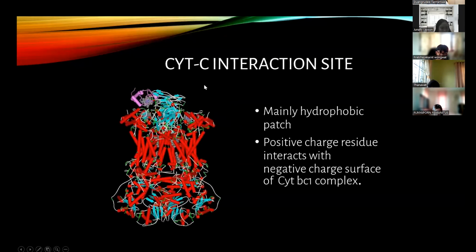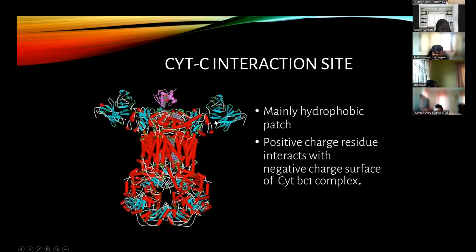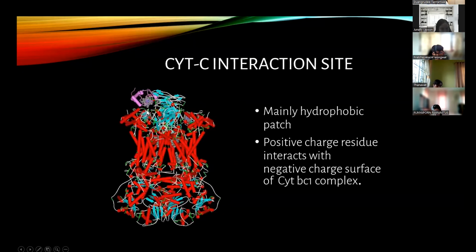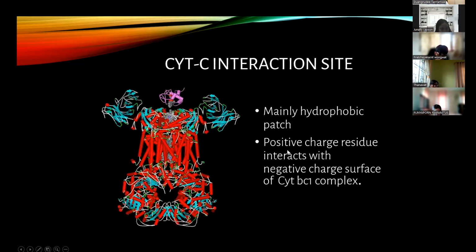So in cytochrome C, the interaction site is mainly a hydrophobic patch. So this one is mainly hydrophobic, but cytochrome C has positively charged residues to interact with the negatively charged surface of this cytochrome BC1 complex.